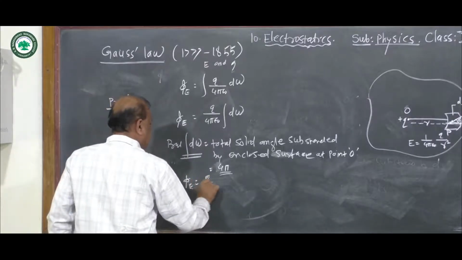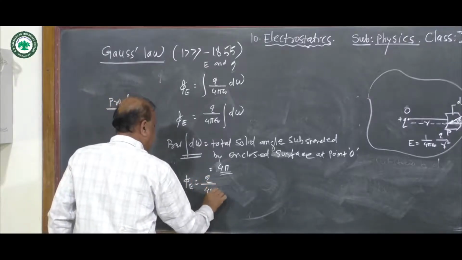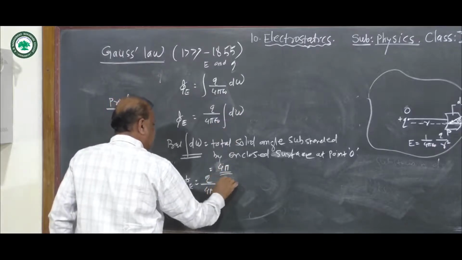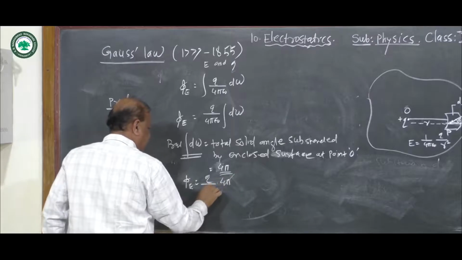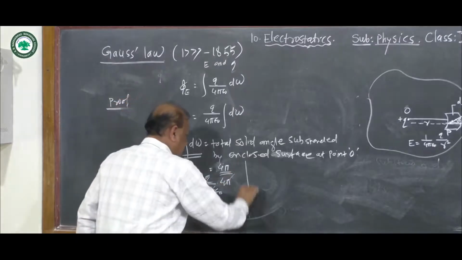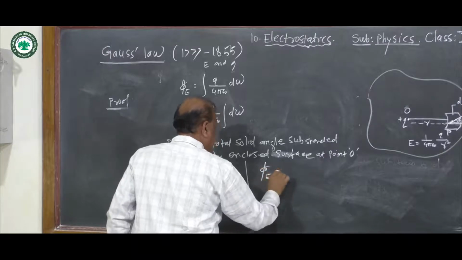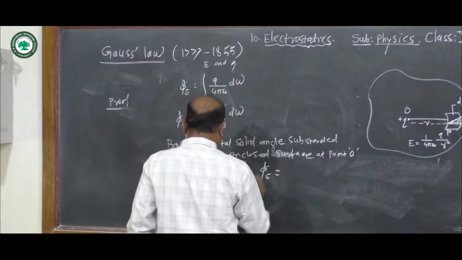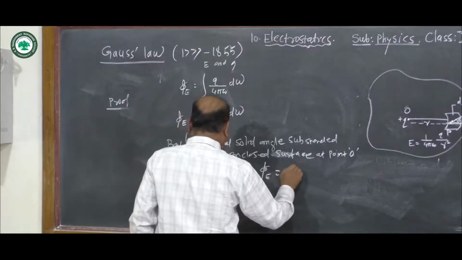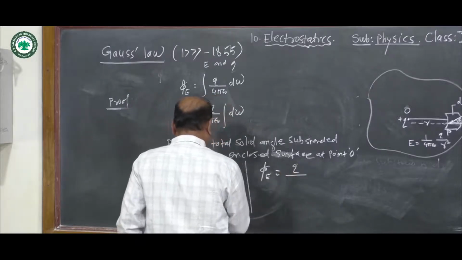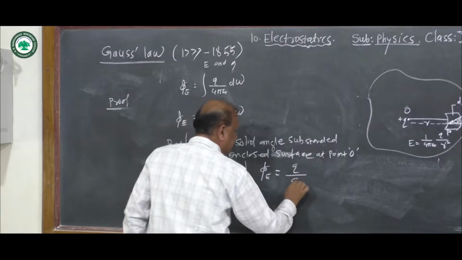Therefore this equation becomes: the total electric flux is equal to q upon 4 pi epsilon 0 into the value of d omega, which is 4 pi. Now this 4 pi gets cancelled, and phi E is equal to q divided by epsilon 0, only epsilon 0 remaining here.